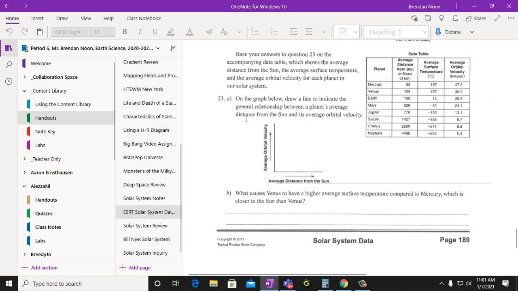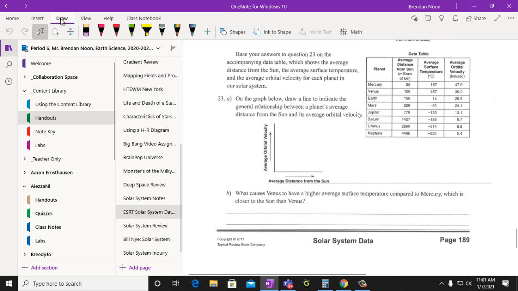All right, so let's go over here and get our draw tools, and I'm going to pick green. So 58 is close here, and 47, let's look at all these numbers, is pretty high.